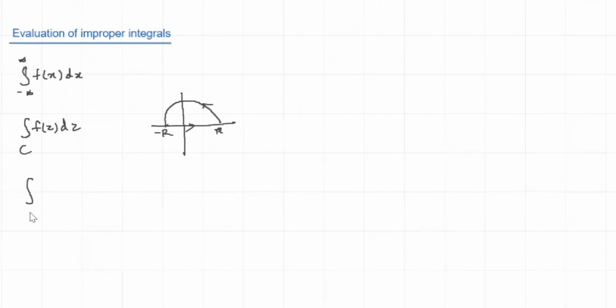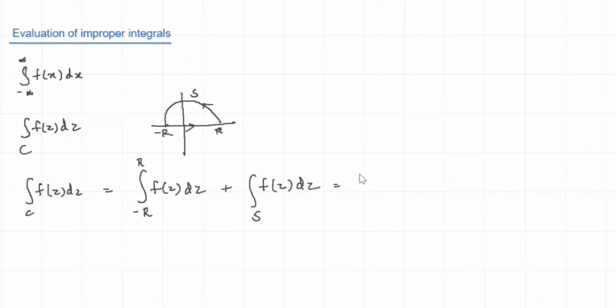So we can split this integral over C of f of z dz as the integral from minus r to r of f of z dz plus the integral over the semicircle of f of z dz, and we know that by Cauchy's residue theorem this integral is equal to 2 pi i times the sum of the residues for the function f of z.